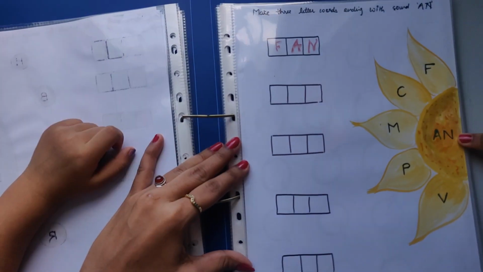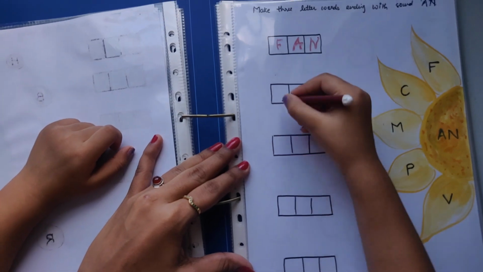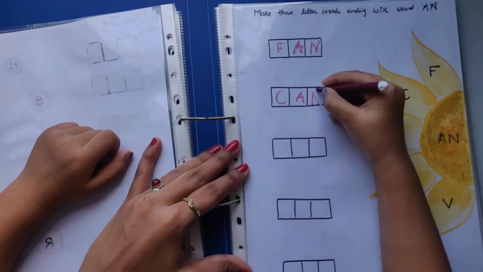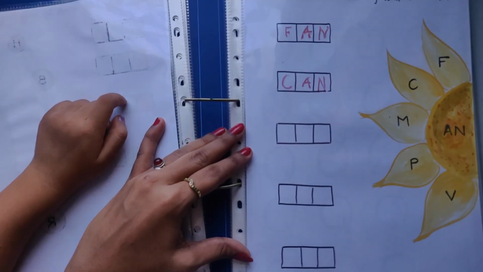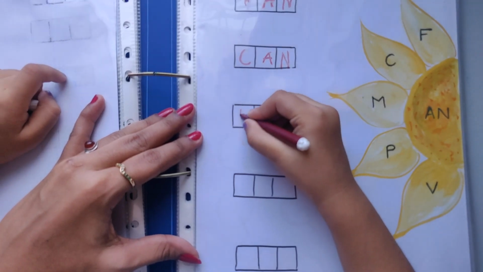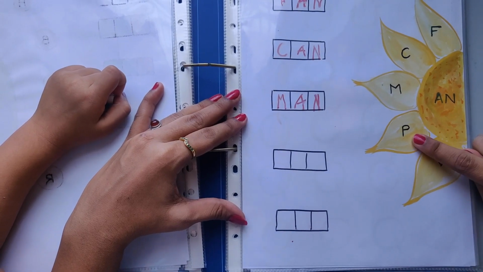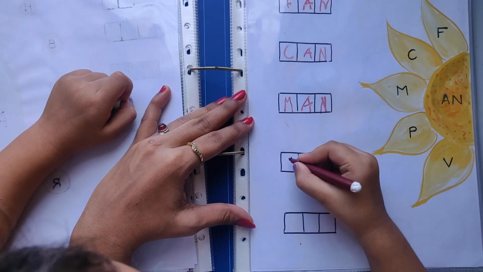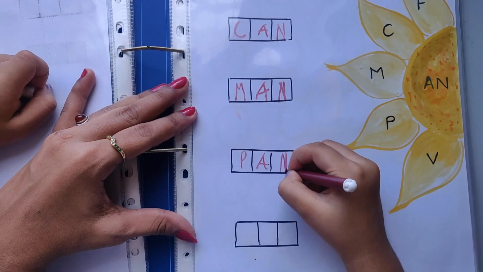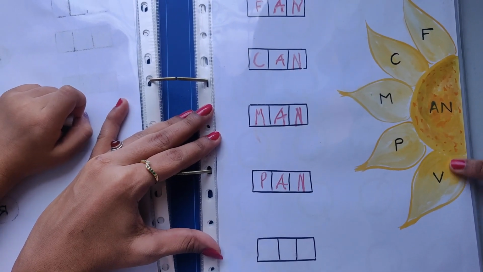Now what is this? Can. Good. This one? And man. What is this? Pan. Pen. Now what is this? Van.